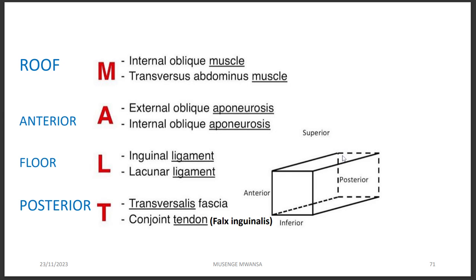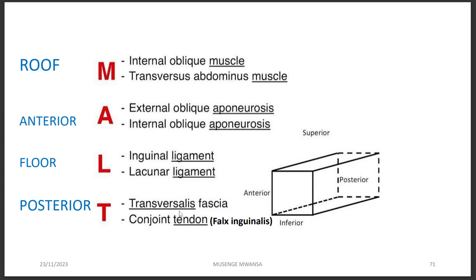There's a nice mnemonic you can use, MOT. The roof is formed by the muscles. The anterior wall is formed by the aponeurosis. And then the floor is formed by ligaments. Then the posterior wall is formed by the transversalis fascia and others.